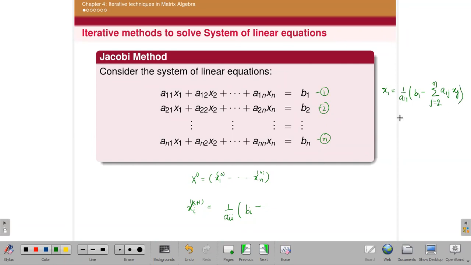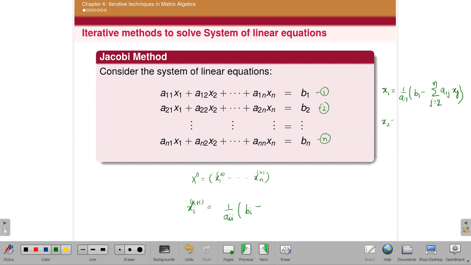That is a12 x2, a13 x3, and so on up to a1n xn. Here j is not equal to 1; j starts from 2 because the j equal to 1 term we have taken on the left hand side.